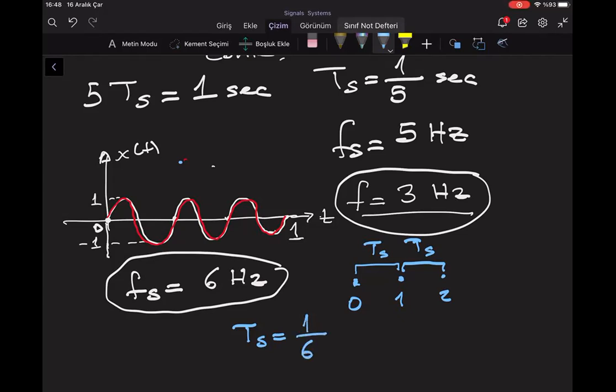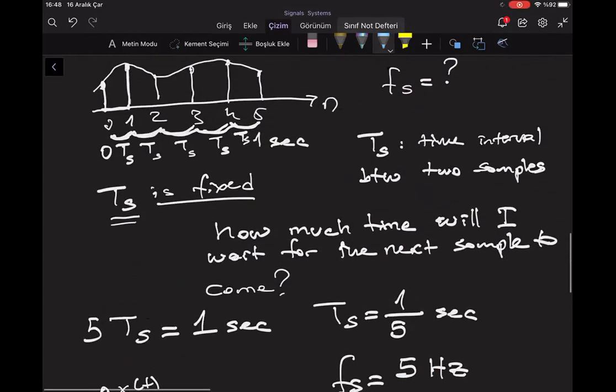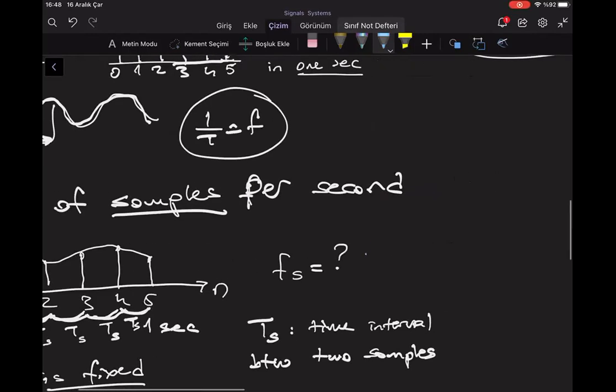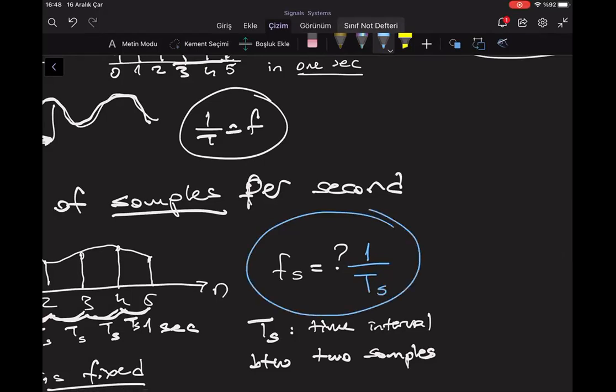If this is 6 Hertz, the sampling period is 1 over 6, right? Because the sampling frequency is the inverse of the sampling period.